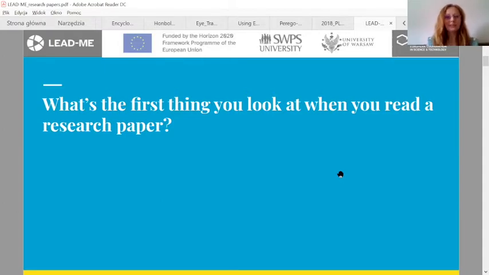Abstract. Okay, the abstract. Actually, I think the first thing we look at is the title. But of course, if we already open the paper, then we already know the title, or at least the part of the title that Google shows, right? So let's say this is the correct thinking.